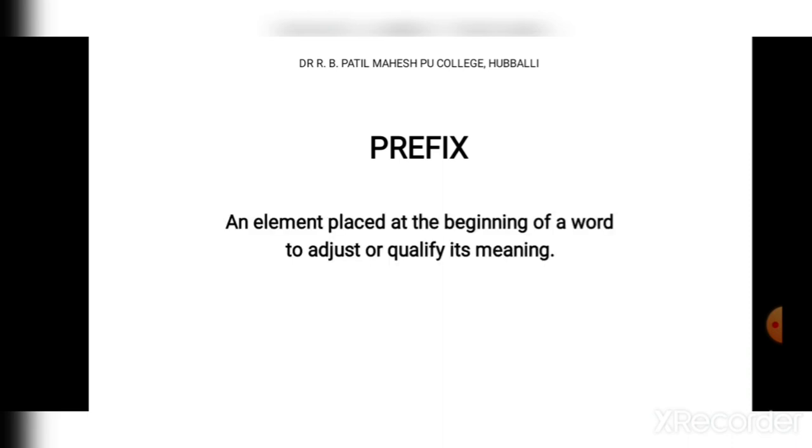Affixes have two forms. First one is prefix. Let us know what prefix and its different terms are. Prefix is an element placed at the beginning, please mind it, placed at the beginning of a word to adjust or qualify its meaning.